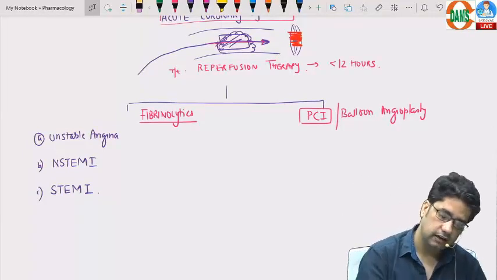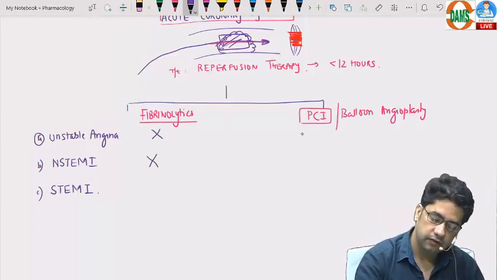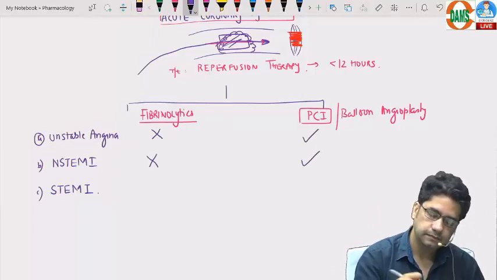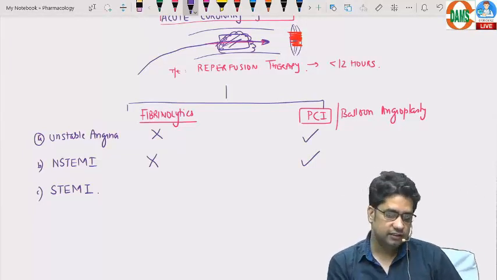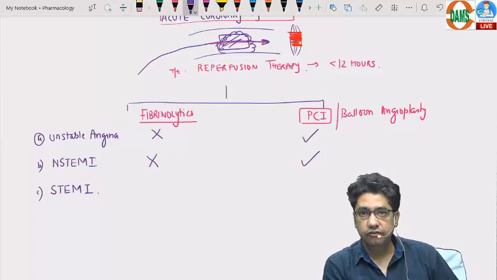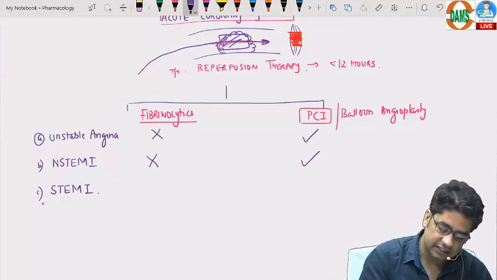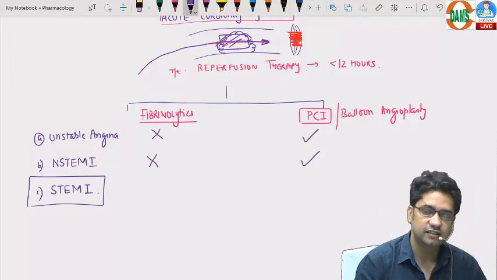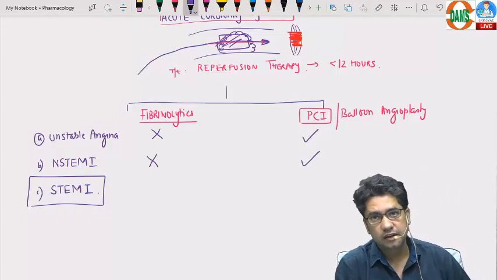Now you will write, we don't give fibrinolytics here. We will only do PCI because the mortality of unstable angina and NSTEMI is very low. Fibrinolytics themselves can kill a patient. But in STEMI, which is the most dangerous, the mortality rates are very high.